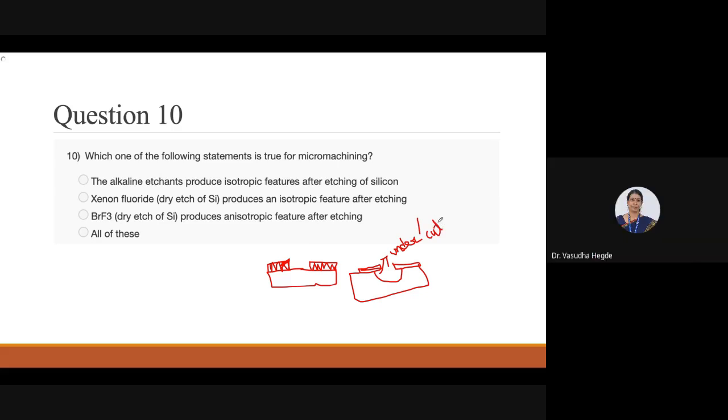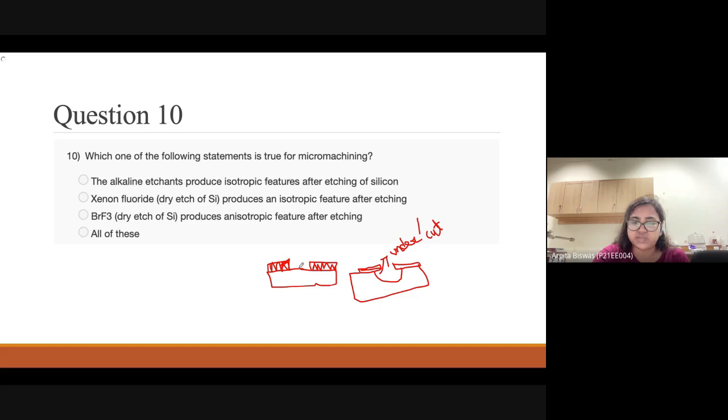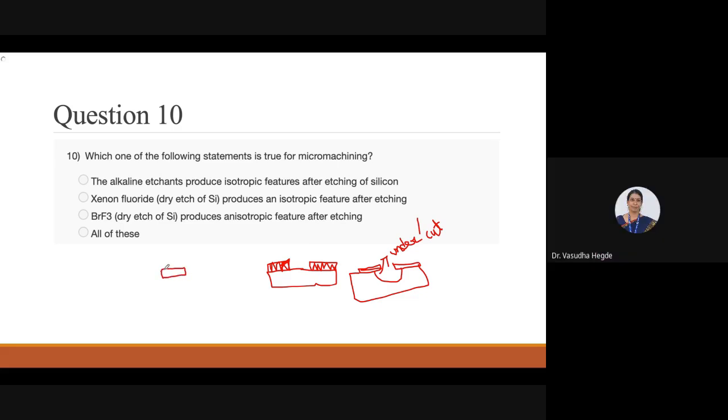And what happens in anisotropic etching? If we go for anisotropic etching, what type of structure will we get? In anisotropic etching, it is possible to get a proper shape of the trench.